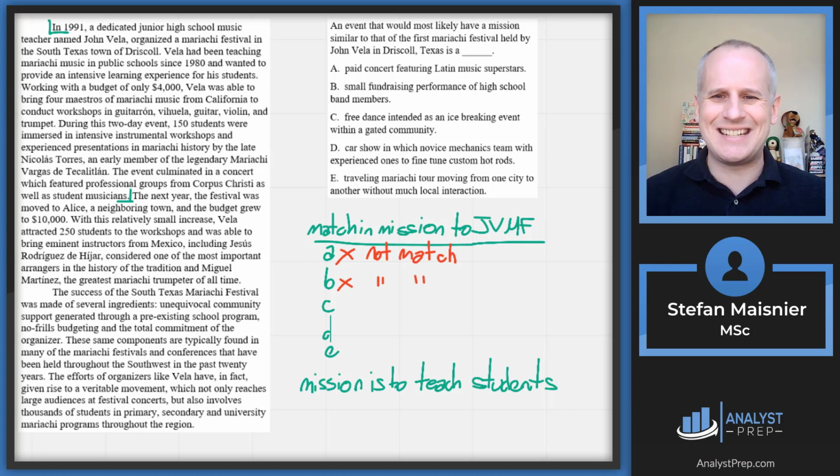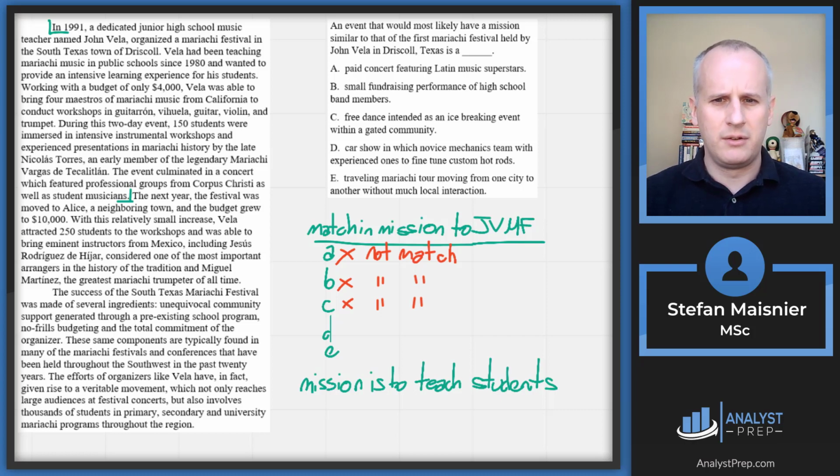A free dance intended as an ice-breaking event within a gated community. Well, there's nothing about trying to ice break, so that's not the goal that is similar to the mission of John Vella's Driscoll, Texas First Mariachi Festival. A car show in which novice mechanics team with experienced ones to fine-tune custom hot rods.